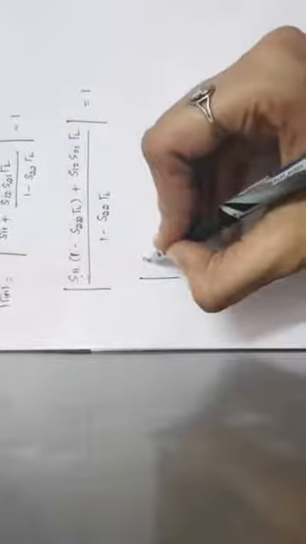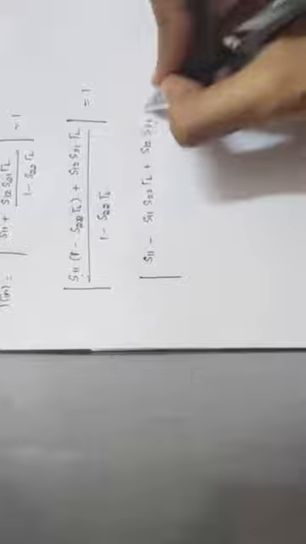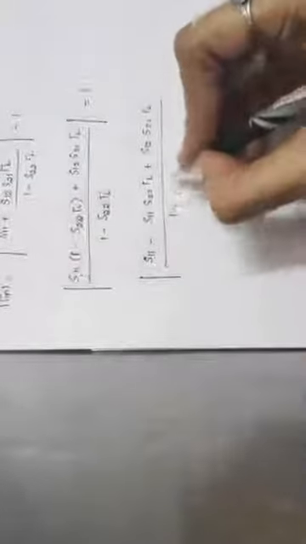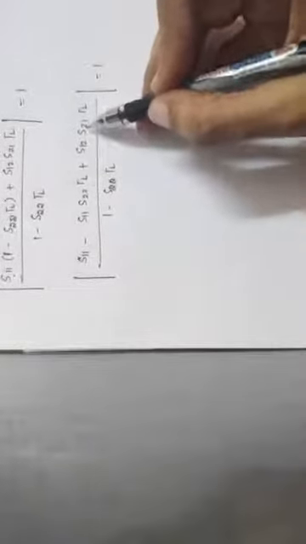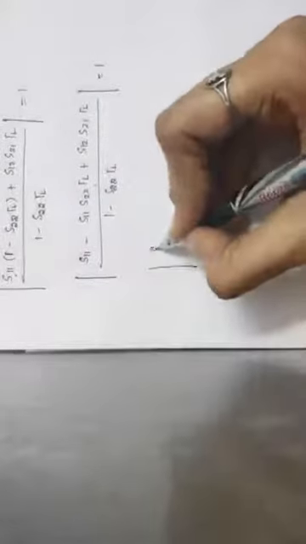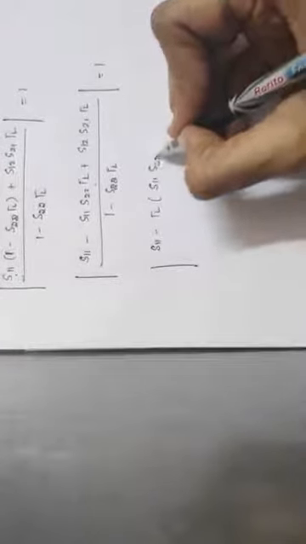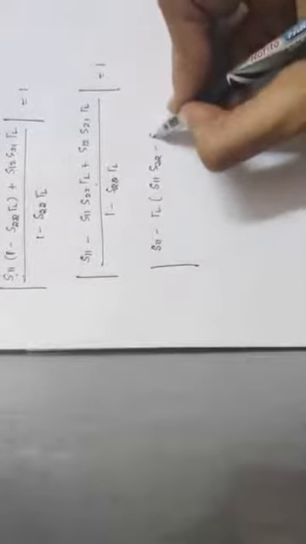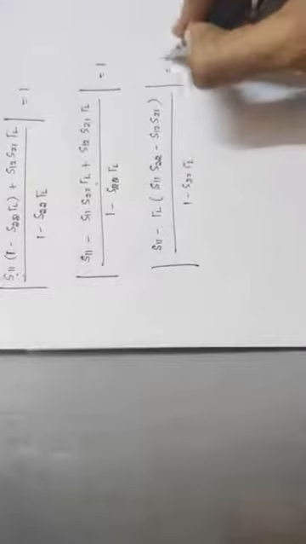So this becomes the modulus of S11 minus S11 S22 tau L plus S12 S21 tau L, divided by 1 minus S22 tau L, equal to 1. Now these two terms have tau L in common, so let us take it outside. So this becomes S11 minus tau L into (S11 S22 minus S12 S21), divided by 1 minus S22 tau L, equal to 1.